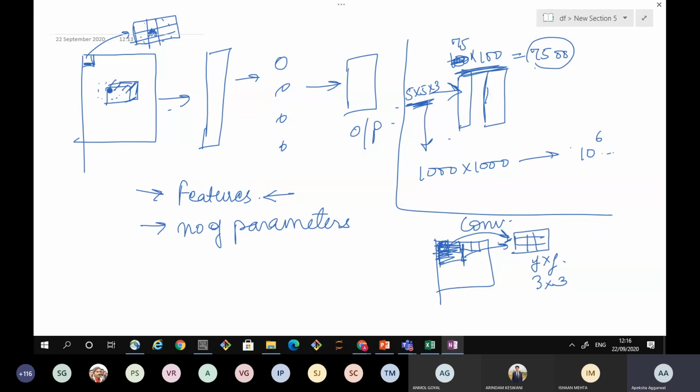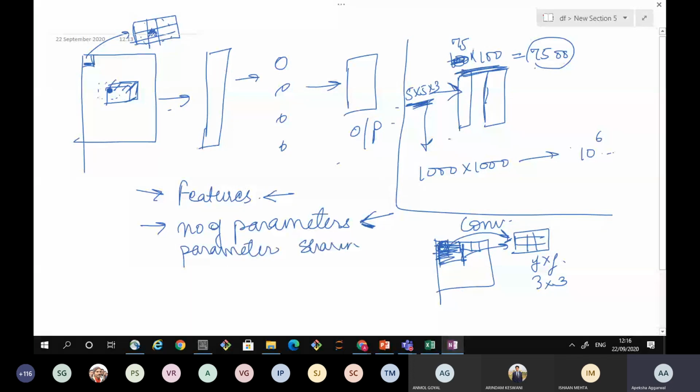This is also the reason a convolutional neural network is extremely popular with images, because it reduces the number of parameters that are required to be learned. The second thing is this, which is also called parameter sharing.